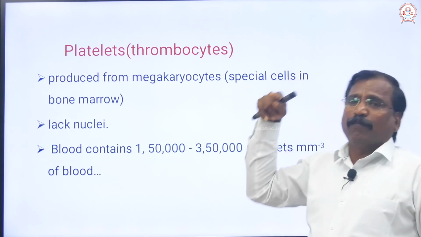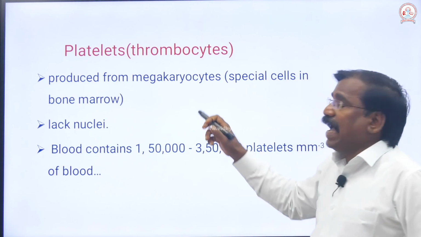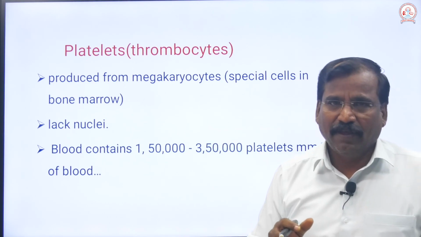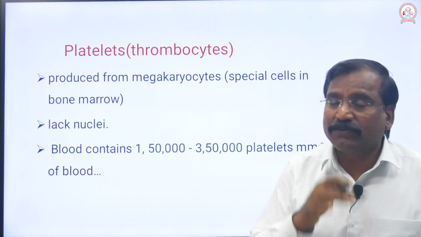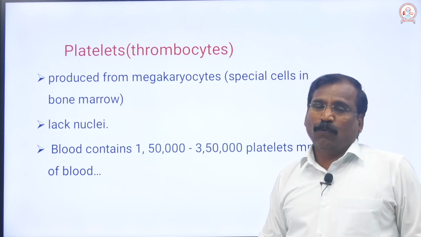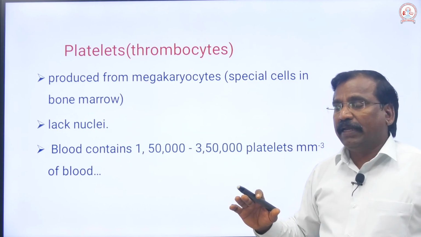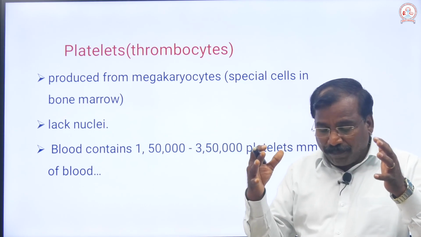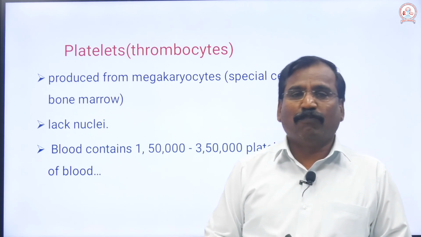This is also produced in the bone marrow, but from a specialized cell called the megakaryocyte. Platelets are produced from the megakaryocytes present in the bone marrow. They are non-nucleated, and mainly involved in the blood coagulation process.